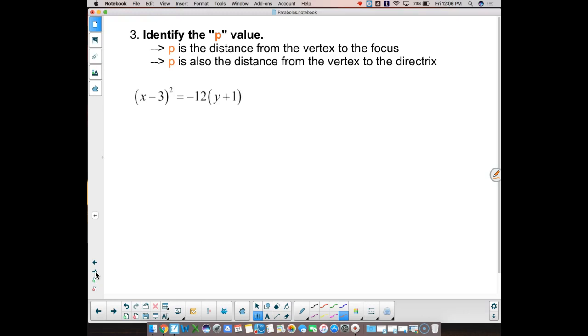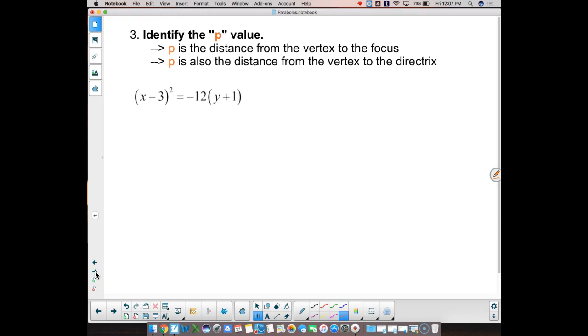The third thing that you're going to do is identify the p-value. The reason that you need the p-value is because it's the distance from the vertex to the focus. It's also the distance from the vertex to the directrix.